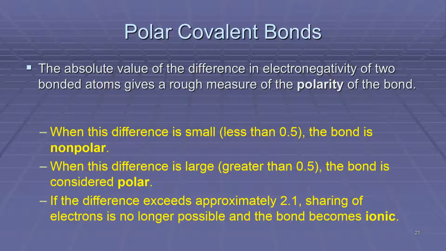So again, you've got this sort of spectrum. If they're very similar, we have a nonpolar bond. If they're pretty different but not too different, then we have a polar bond. And then if the difference is really large, then we have an ionic bond.